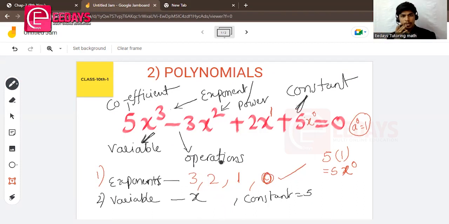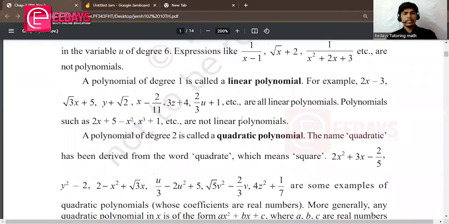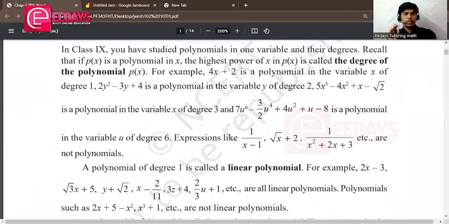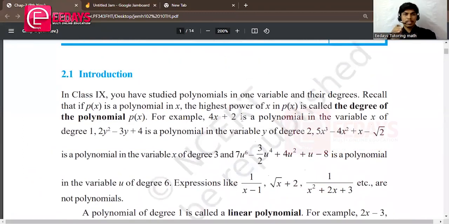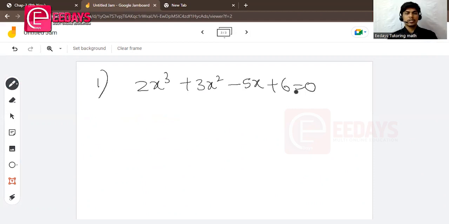Let's start with the why, because you should be strong in basics, guys. That's why I'm stressing all these points. I'll give you one equation as an example: 2x cube plus 3x square minus 5x plus 6 is equal to 0.